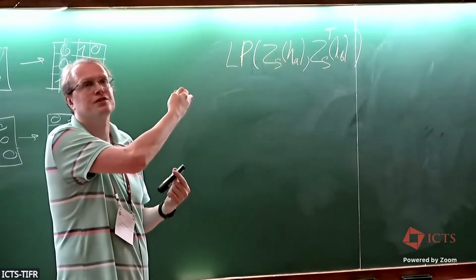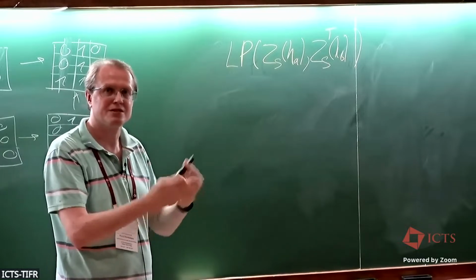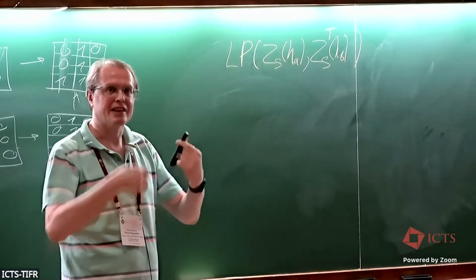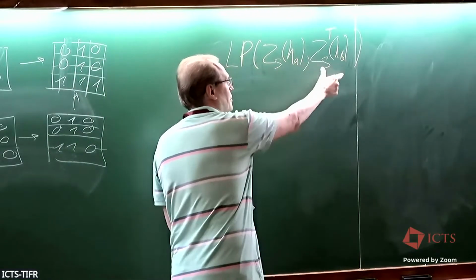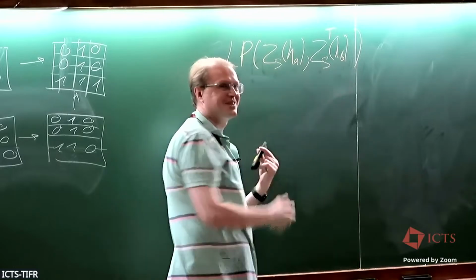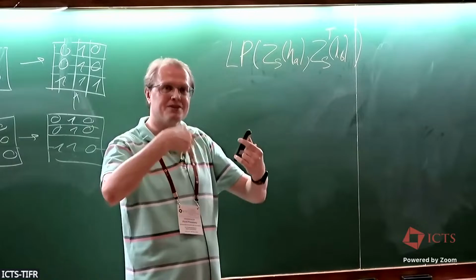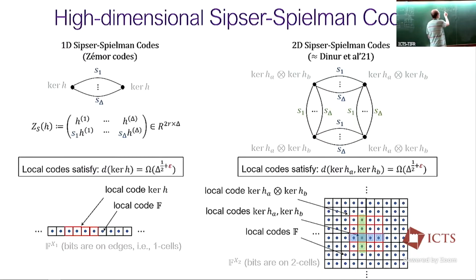So the proof is exactly the same as for hypergraph product codes, when we combine two matrices of particular sizes, like H with H transpose. These matrices have the same parameters, but they are different matrices, though their shapes are the same. And here we have the same proof that works with hypergraph product codes, also with lifted product codes. But here we also need some conditions on these local codes.